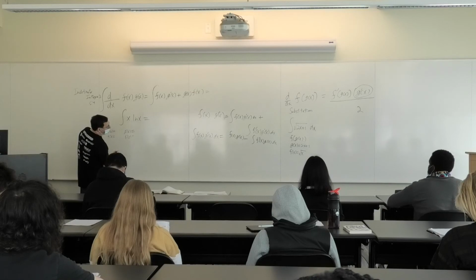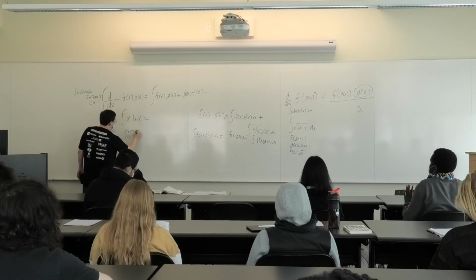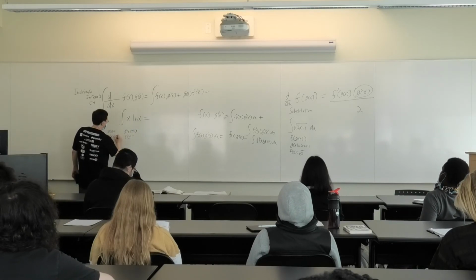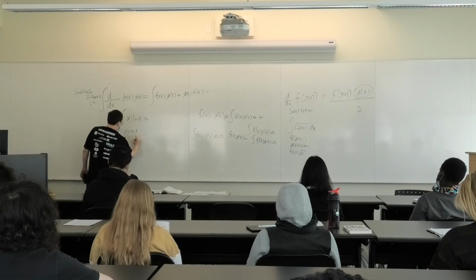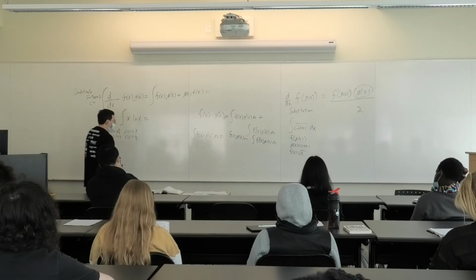I want this to be f of x g prime of x. So g prime of x is x, which makes g of x x squared over 2. f prime of x is 1 over x.